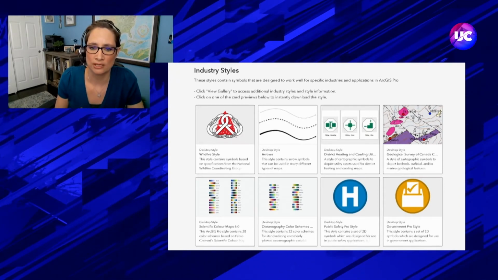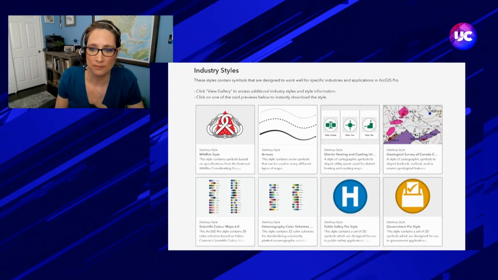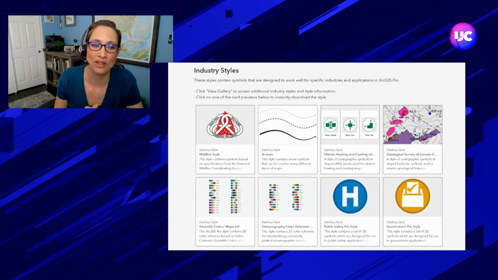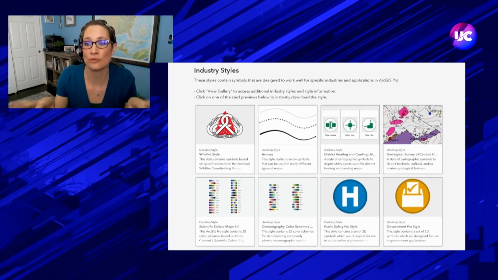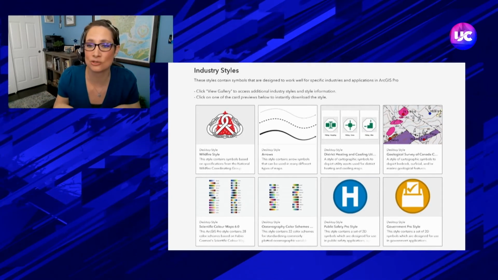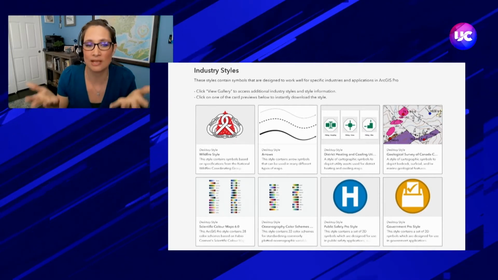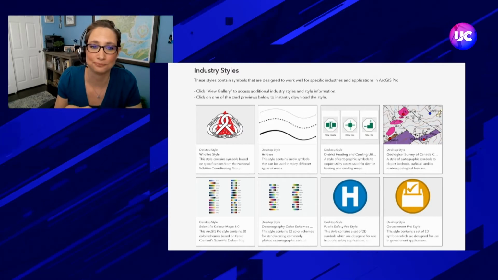You can download things specifically for oceanography or scientific maps, and there are also standards for things like geological standards, as well as color schemes that you can apply. The great thing about these is once you download them, you can share them within your business or within your industry. So it helps bring that standard up, and is a great way of sharing.